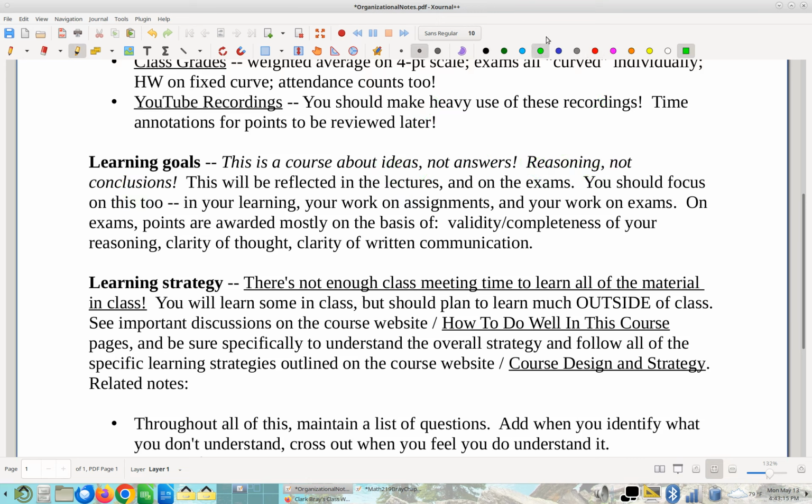Now, you're going to notice very heavily in my lectures, I'm mostly going to be talking about ideas. What is this construction? How does this computational strategy work? Why is this theorem true? That kind of stuff. That's what you need me most for.